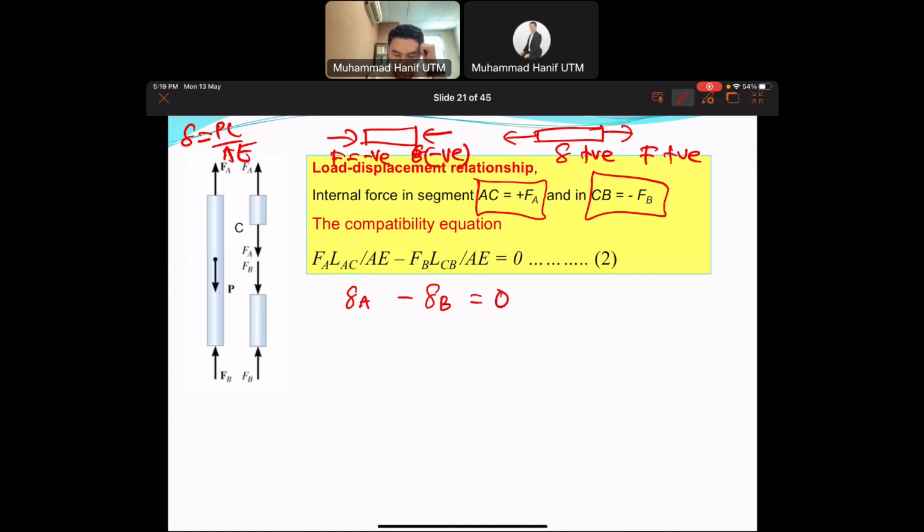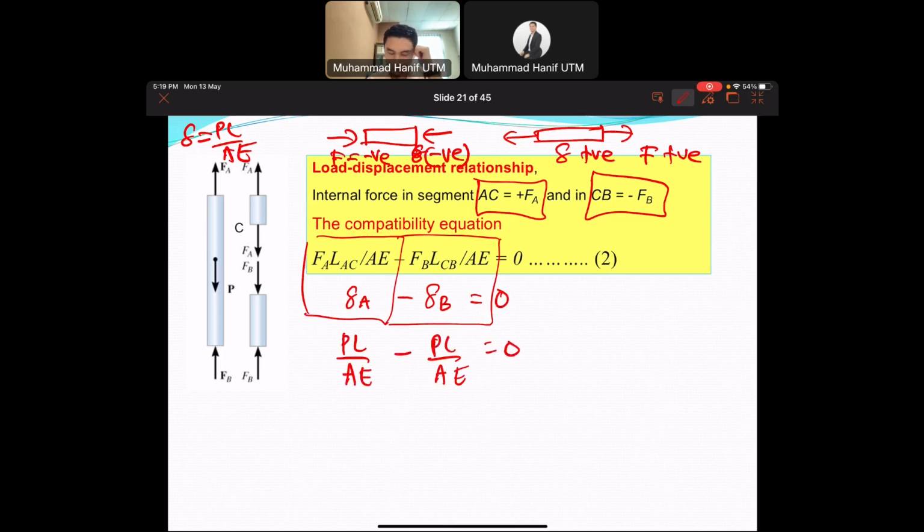I just make it a simple delta A and delta B to help you understand. Just substitute the value of delta A, which is PL over AE, minus the same for B, equal to 0.